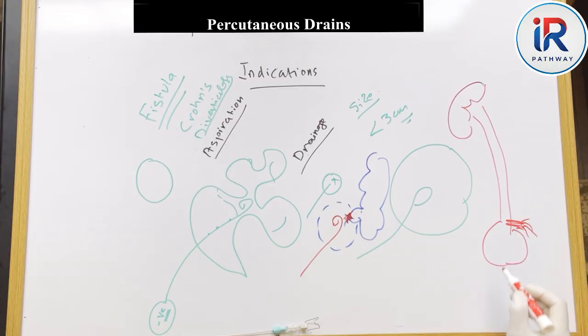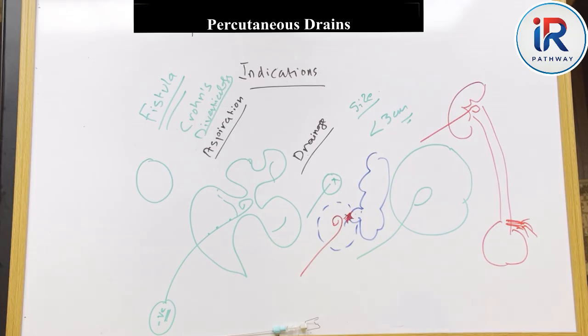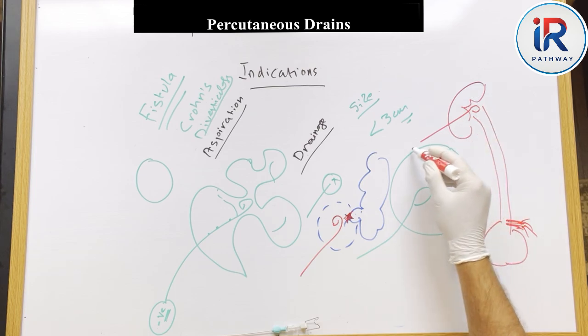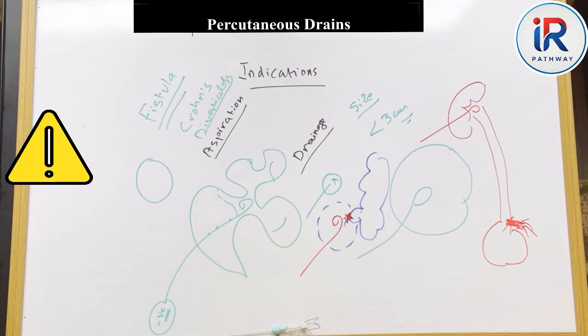In these cases, we place a drain for urine diversion. This directs urine straight outside once it forms and doesn't pass through the normal pathway, and this allows the fistula to heal spontaneously. So in summary, fistulas and leaks, whether bile or urine, are key indications for drains, not just aspiration.